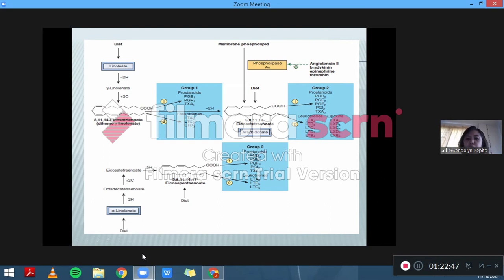These are the different groupings, because they are stated in your learning objectives. But what's important is how they are formed, from where, the source of your prostanoids and leukotrienes. Bottom line, basically, from your diet, linoleate can be converted to arachidonate and then create the different prostanoids and leukotrienes.